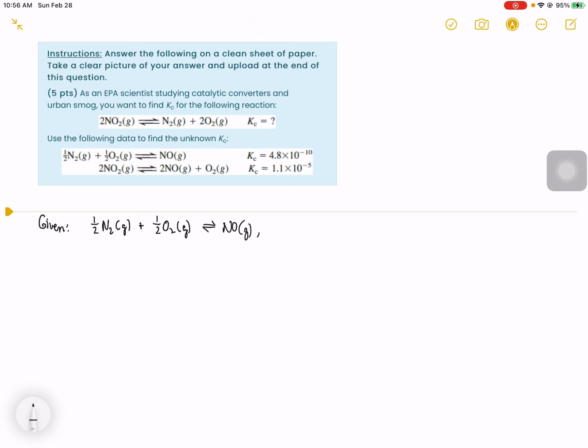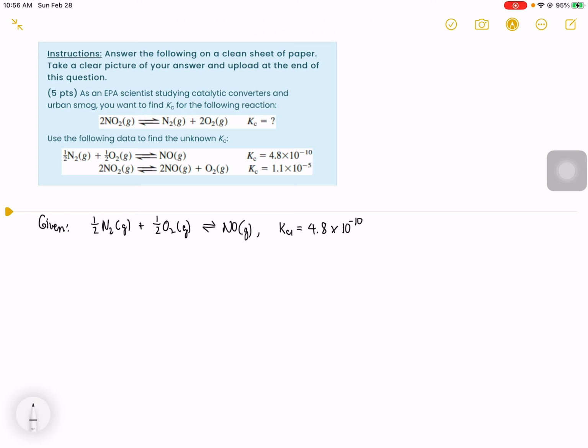Now the K sub C is known for this one. Let's call it K sub C1, and that is known to be equal to 4.8 times 10 to the negative 10 at some unspecified temperature.